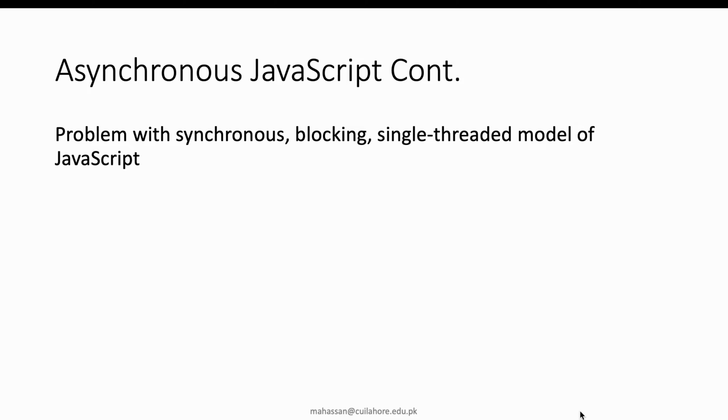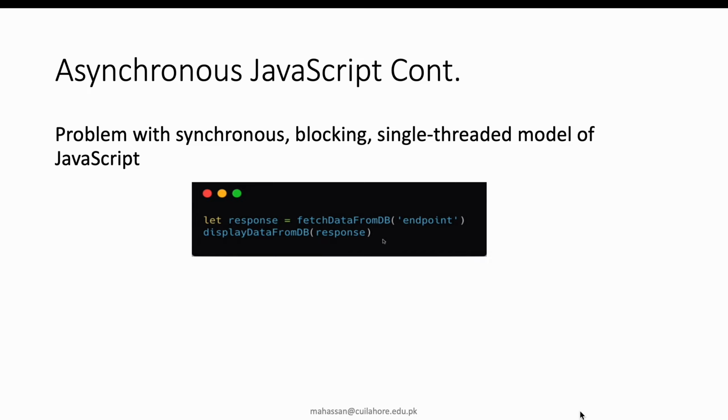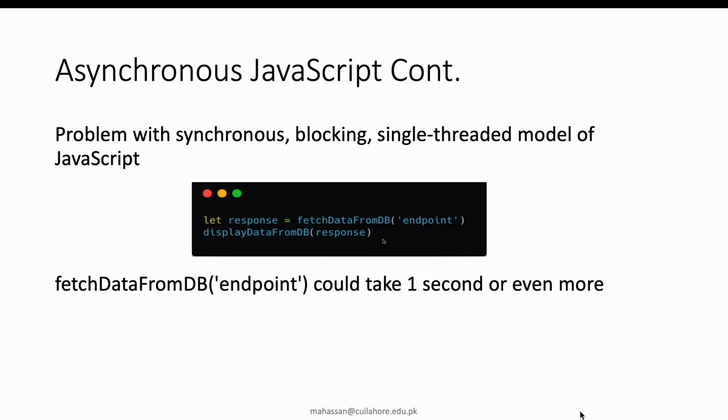But as you might have guessed already, this model of JavaScript creates a huge problem. What if we have a task to retrieve data from the database and then run some code on the data that is retrieved? We have to wait on the first line for the data to be fetched, and when the data finally comes back, we can resume with our normal execution. But that task could take 1 second or even more.